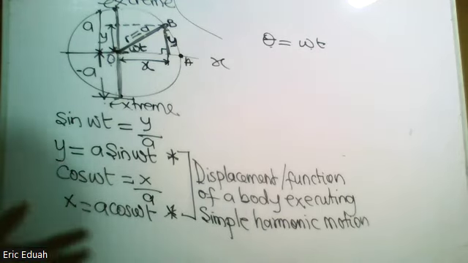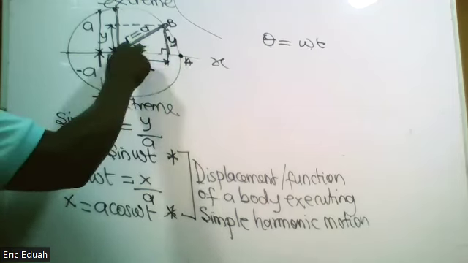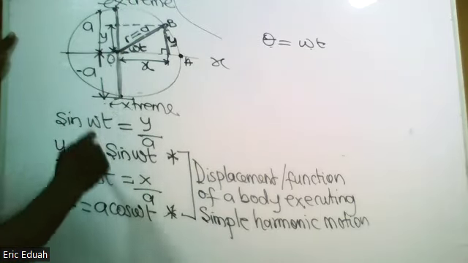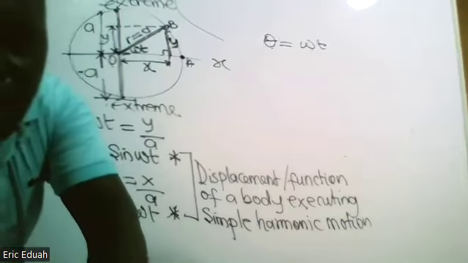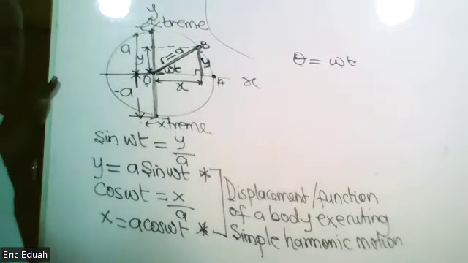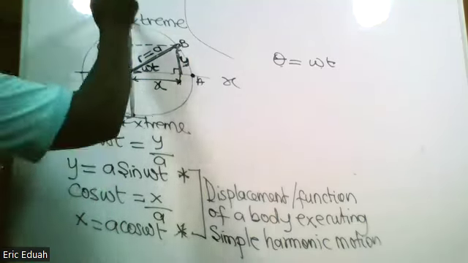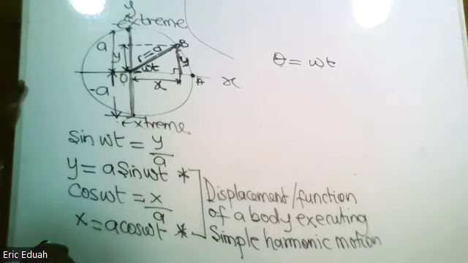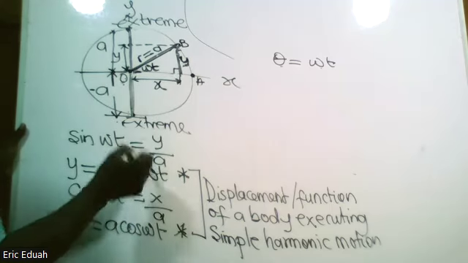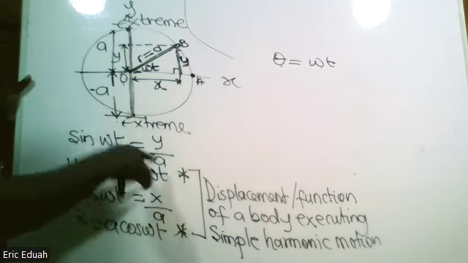As we analyzed the body's repeated up and down motion around the center O, we concluded that as the body is in circular motion, we also see the image of the same body moving up and down about the center O. So this equation will help us determine the position of the body along the y-axis at any time t.